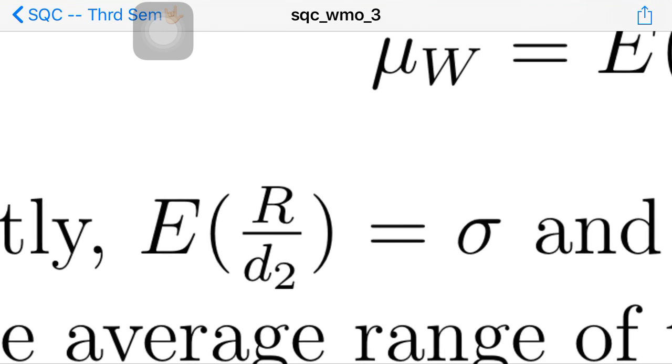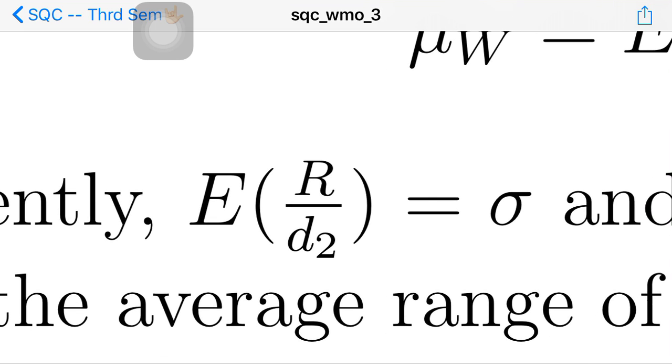This expression, the expectation of R by d2 equal to sigma, says that sigma can be unbiasedly estimated by R by d2. That is the definition of an unbiased estimator. So R by d2 can be used to estimate sigma.